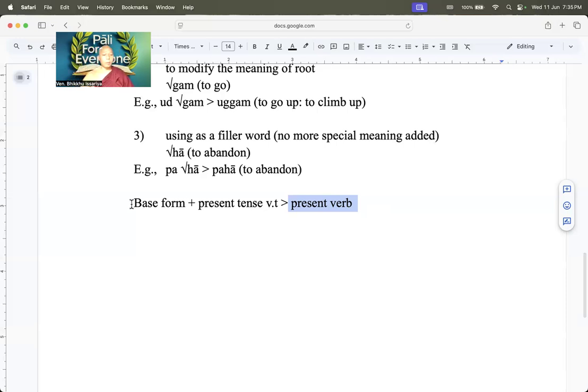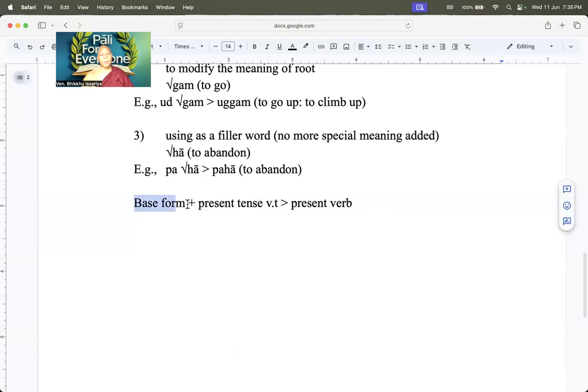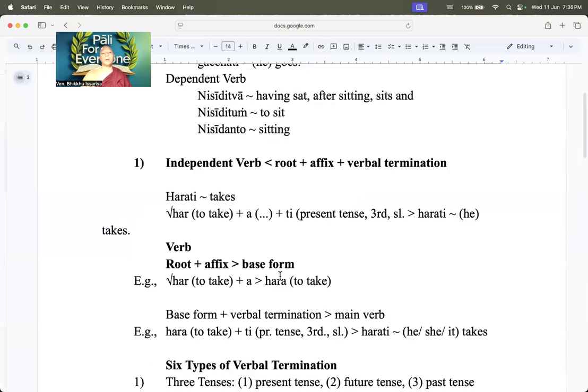So basically it can be understood in this way. But at the very beginning, I already told you that even though, the base form without using this affix can also be found.